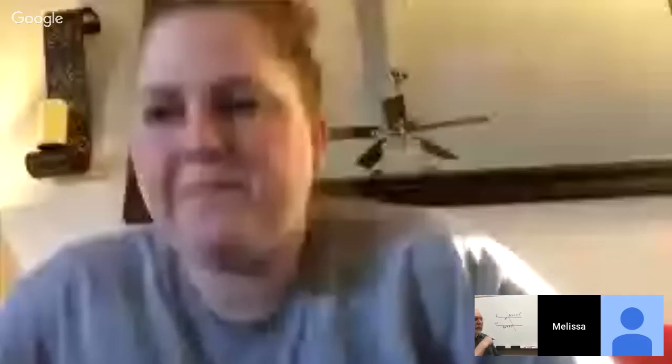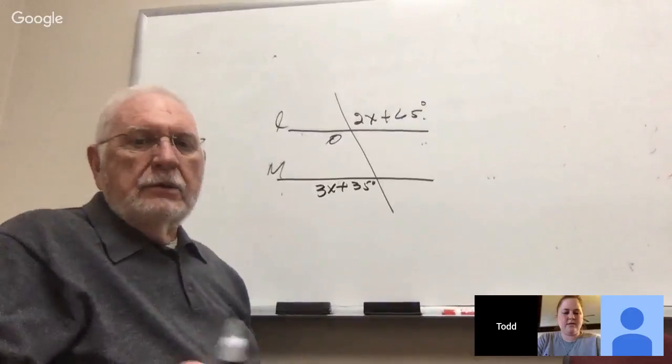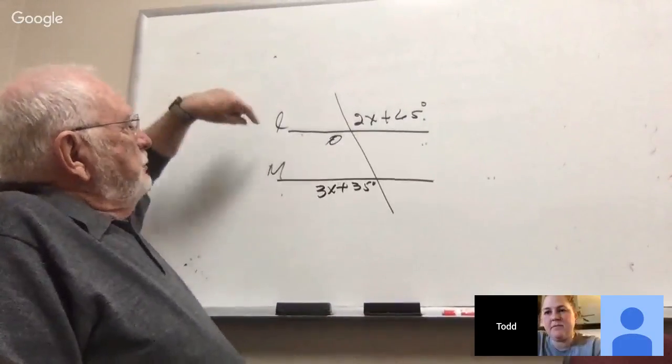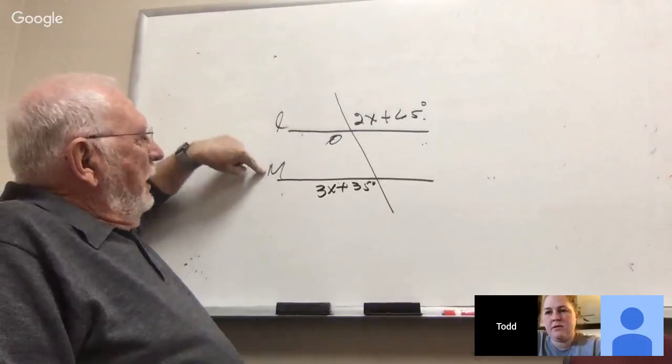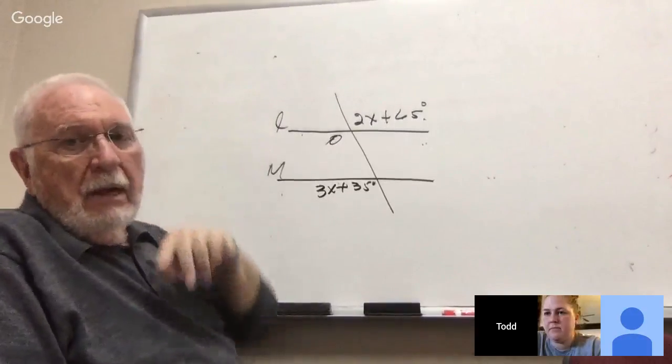Okay, this one's a little bit of review about parallel lines. In this particular picture, we've got line L and line M, and we know that L and M are parallel lines.